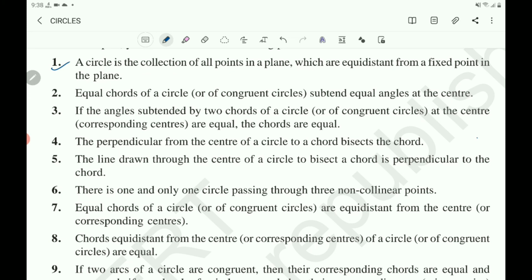So it gives the definition of the circle. And equal chords of a circle or of congruent circles subtend equal angles at the center.